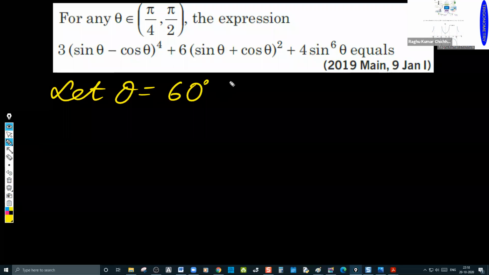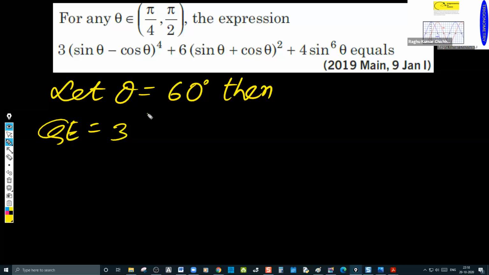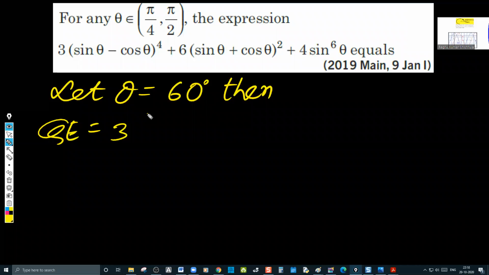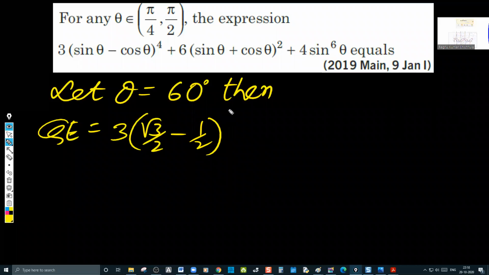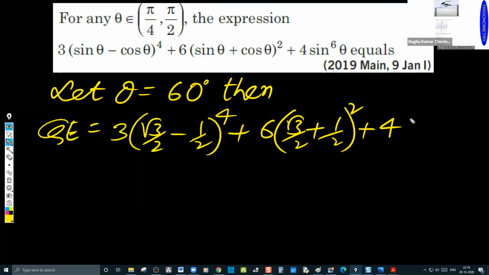Then give the expression: 3 into sine 60, root 3 by 2 minus 1 by 2, plus 6 into root 3 by 2 plus 1 by 2, plus 4 into root 3 by 2, whole power 6.